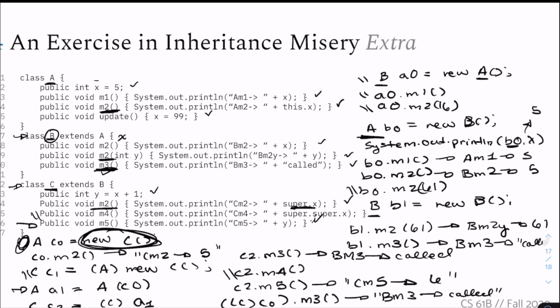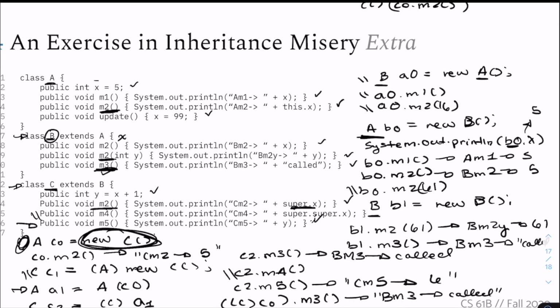Okay, I'm running out of room. So the next function that we're going to do is C0.M2. And this looks an awful lot like what we just did, except the casting is not attached to the variable with parentheses. And so what this is actually doing is casting the result of this call.